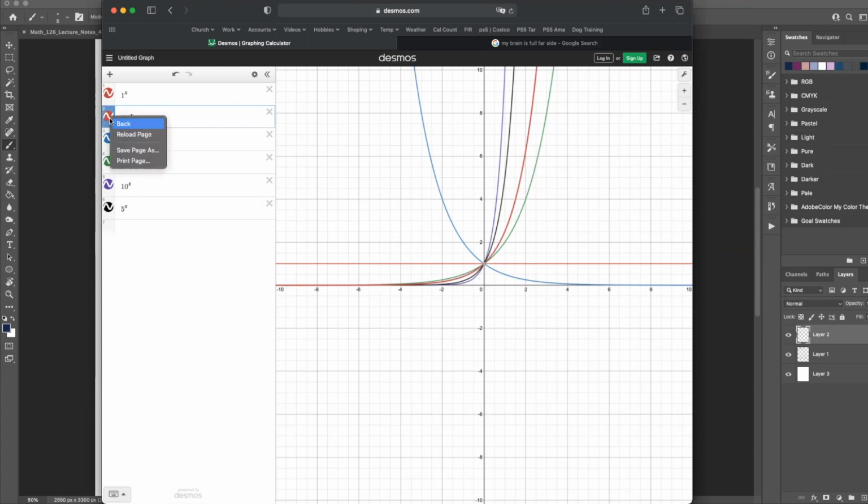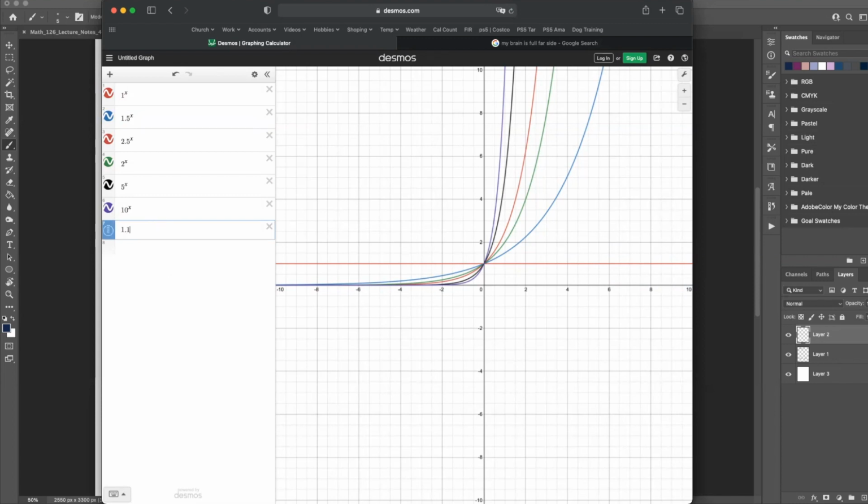I'm not sure how to change colors. Let me just change this one to 1.5. And then I want one more. Thank you. 1.1 to the x power.